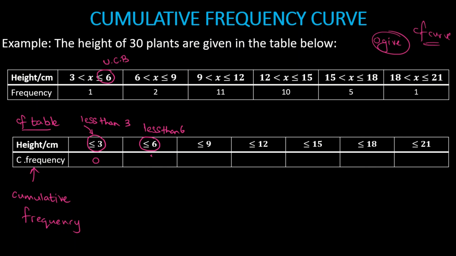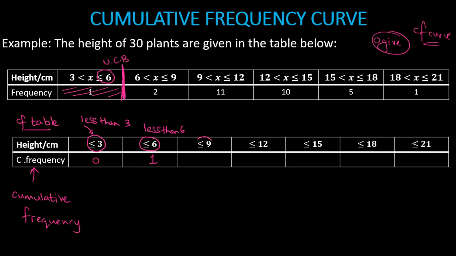How many plants have a height less than or equal to 6? Let us see. The boundary for 6, it stops here. How many plants have a height less than 6 or equal to 6? Only one plant.